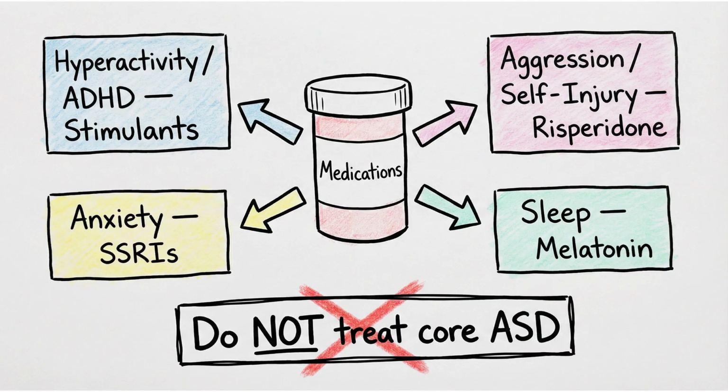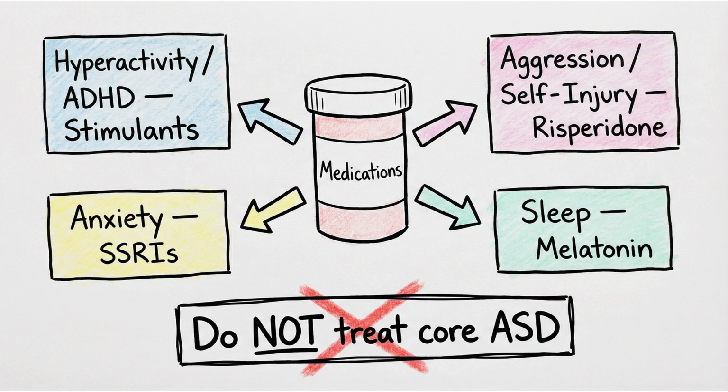It is important to note that there are no medications that treat the core features of ASD. Medications target comorbid symptoms only. Risperidone and aripiprazole are the only FDA-approved medications for ASD, specifically for irritability, aggression, and self-injurious behavior in children aged 5 and older.